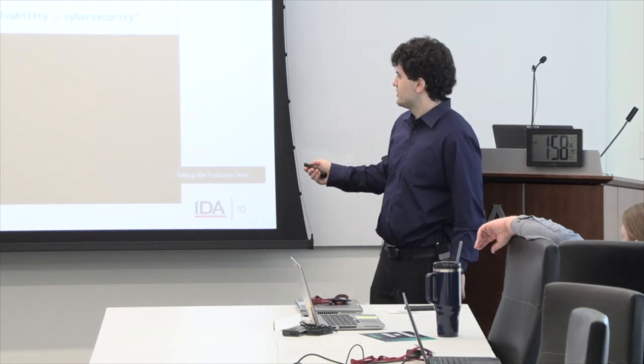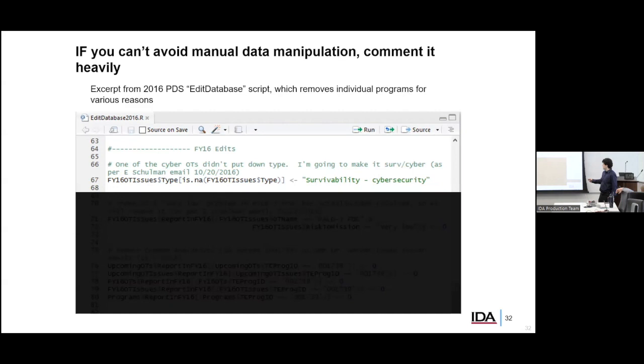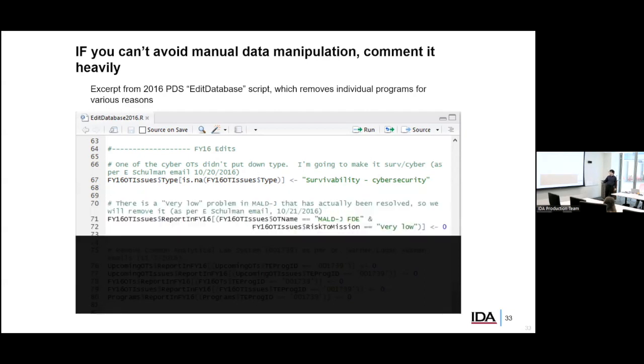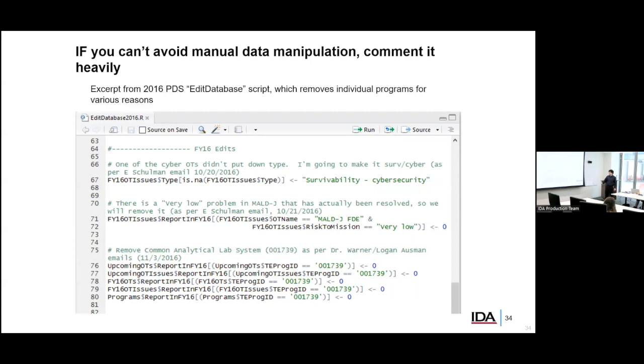In this case, it says that any blank values get replaced with this string right here, and that is described in that comment, right? So anything you do, you always want to comment it.